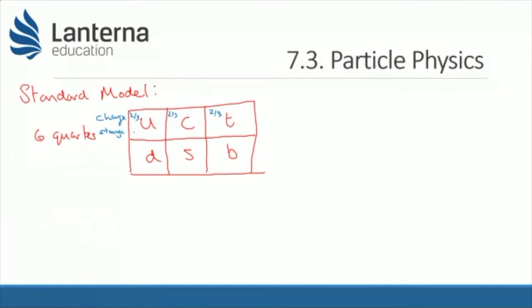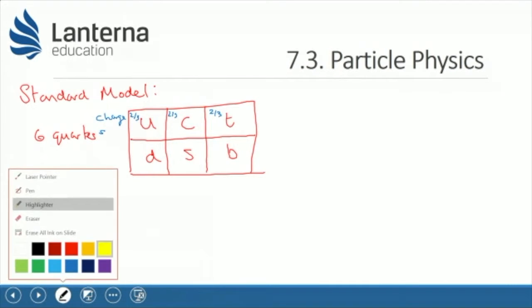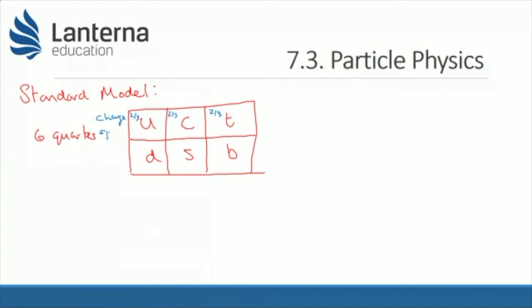The second property that you should know is spin. So the spin of all quarks is 1/2. And then the charge of this bottom line is just -1/3, but they still all have 1/2 spins.